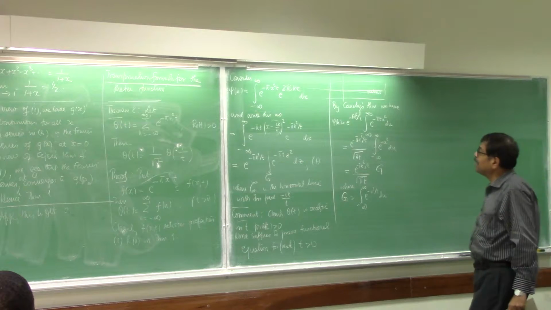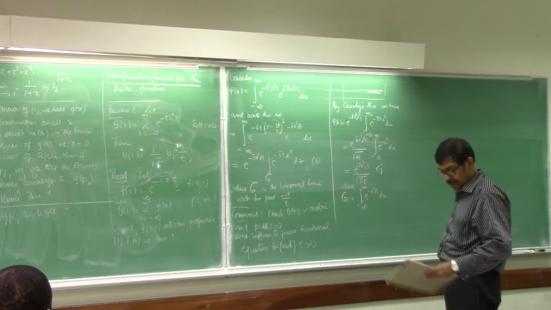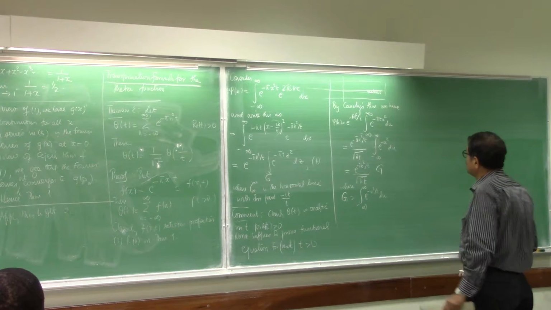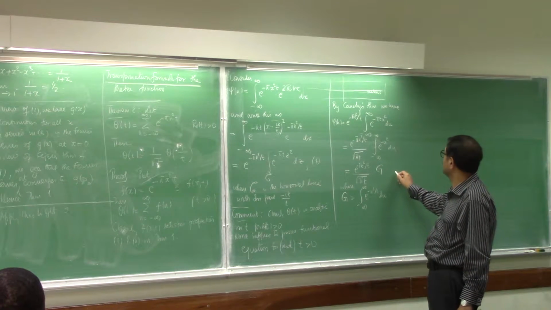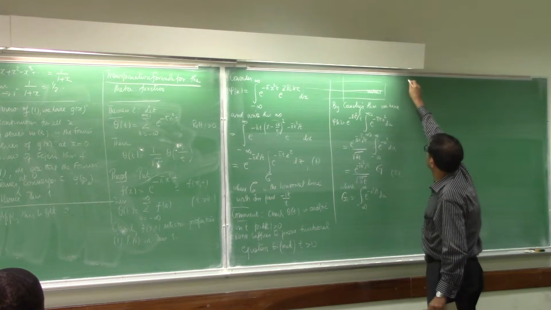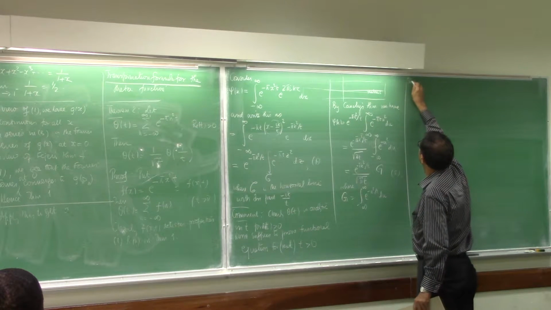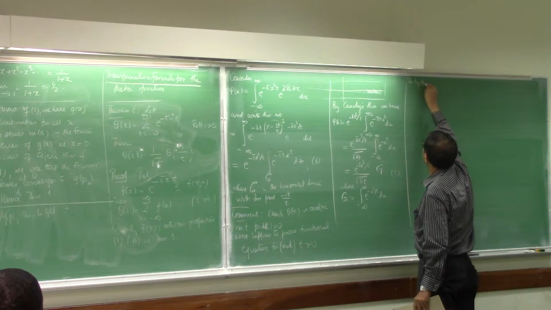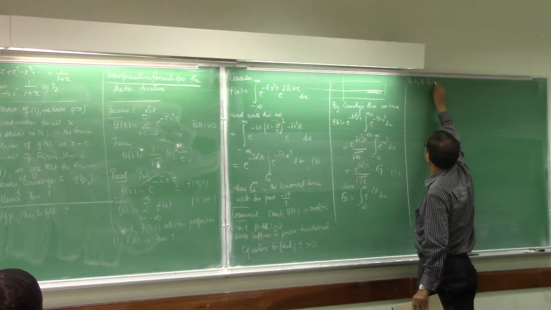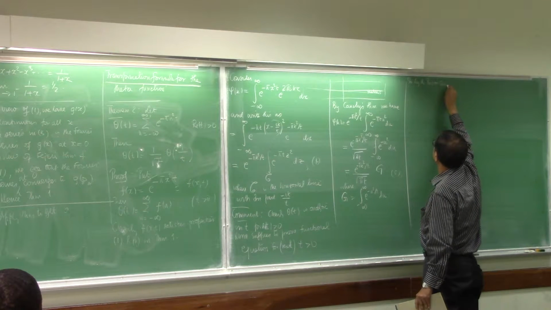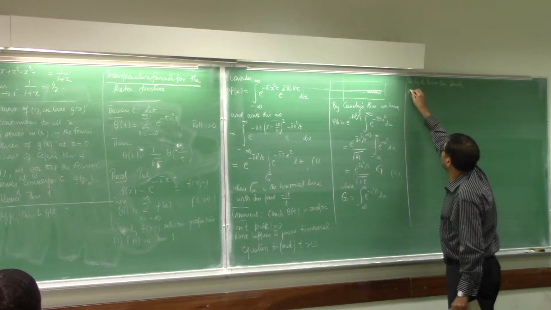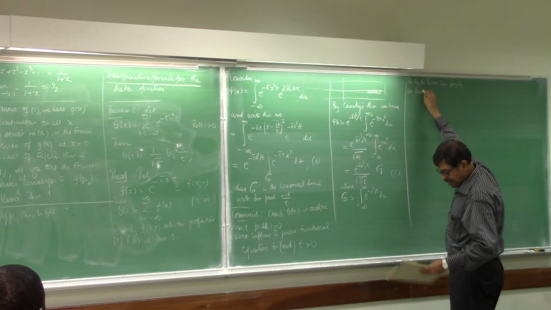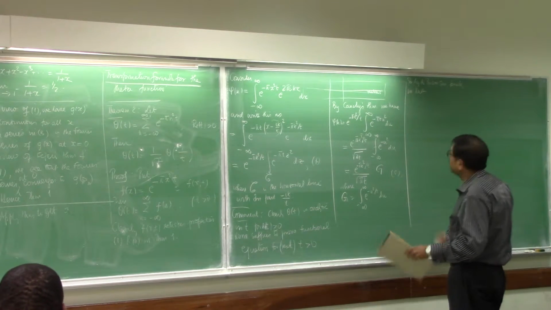So that's the value of phi k. So let's give this equation 5. By the Poisson summation formula, we have what?